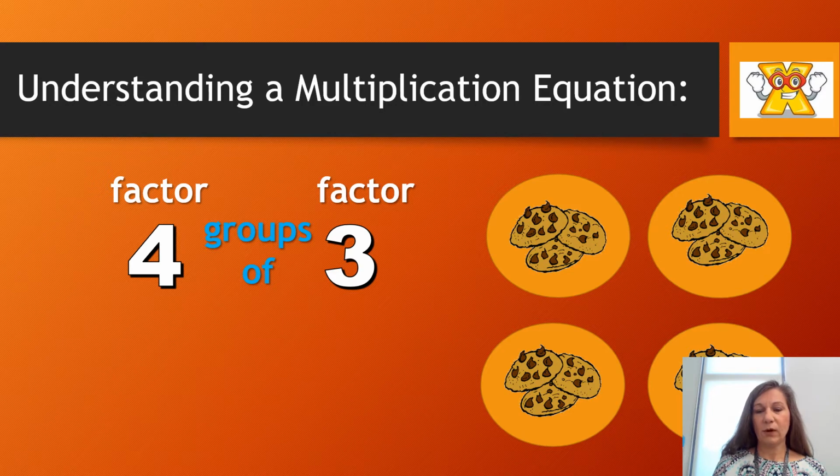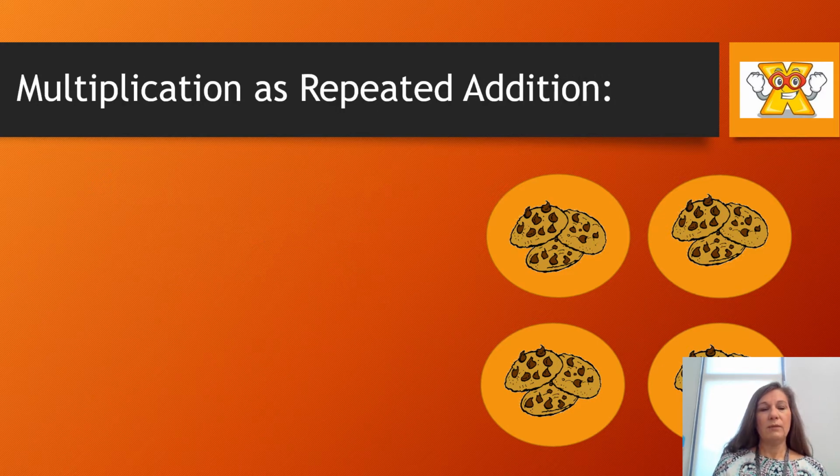We have 4 groups and there are 3 cookies in each group. So remember that multiplication can be used with repeated addition. But again, our groups have to be right. They have to be equal.